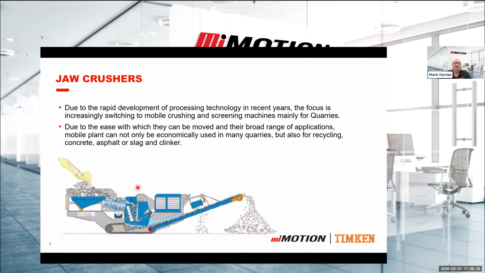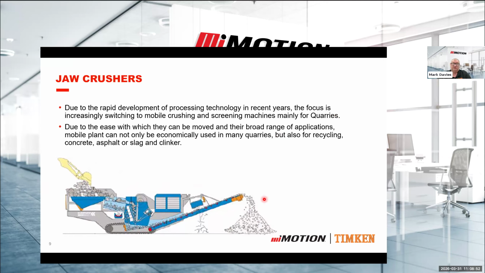So they can produce a finished product in some quarries, depending on the rock type, straight away from the actual mined area, instead of having to have a transportation system with dump trucks or smaller trucks taking it away. So you'll see a lot of these. You also get vibrating screens on mobile equipment as well.